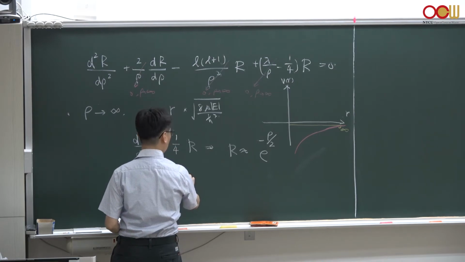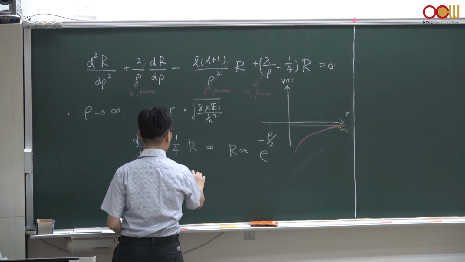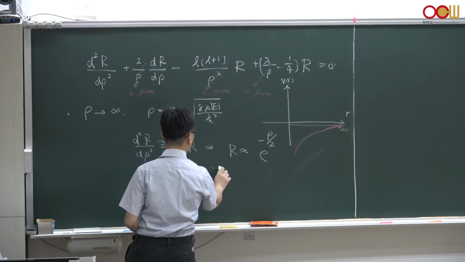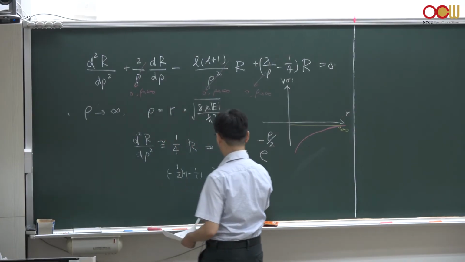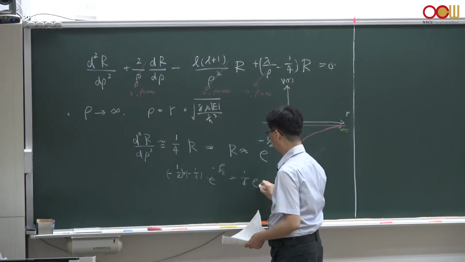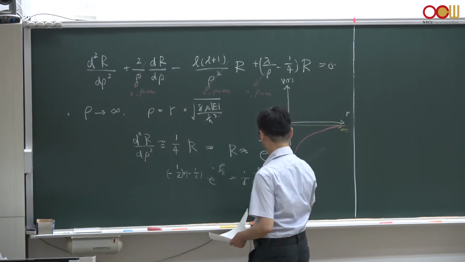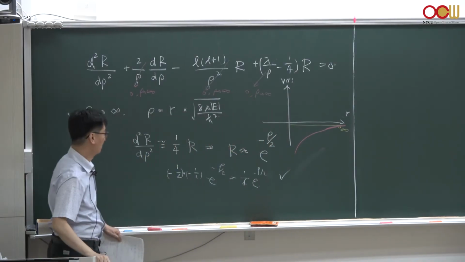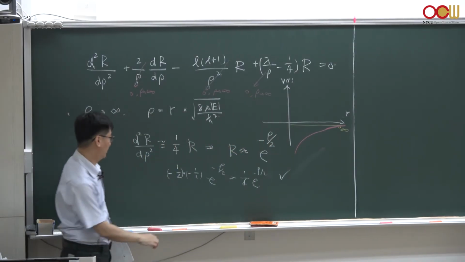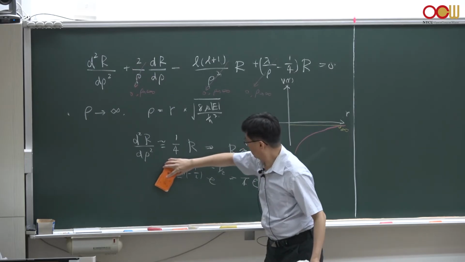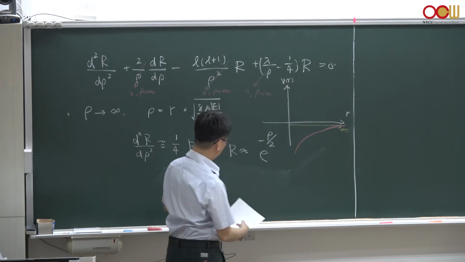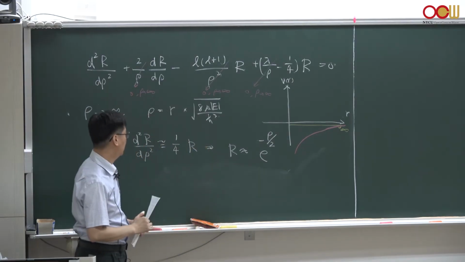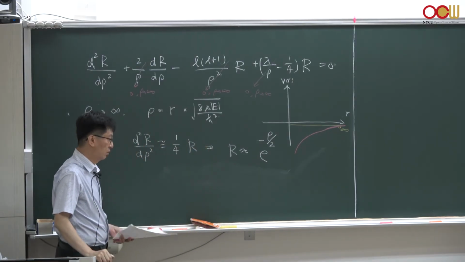Minus 1/2 times minus 1/2 times e to the minus rho over 2, which is a quarter of the same function. Check. So this is really simple. When rho goes to infinity, you get a solution which is exactly exponential minus rho over 2.